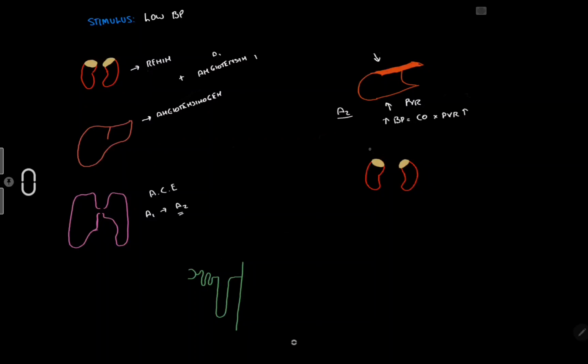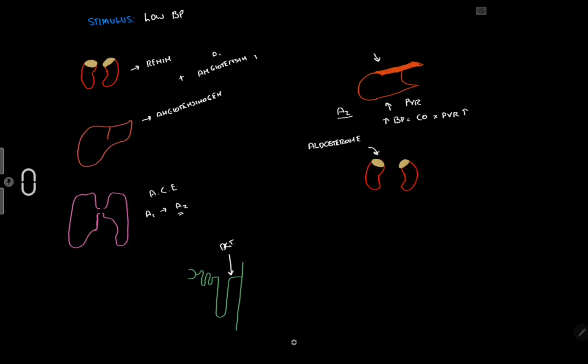It also is going to have an effect on adrenal glands. Now, angiotensin 2 targets specifically the zona glomerulosa on the adrenal glands, and this produces aldosterone. So with the synthesis of aldosterone now, this will move to the distal convoluted tubule, located here on a nephron, DCT.